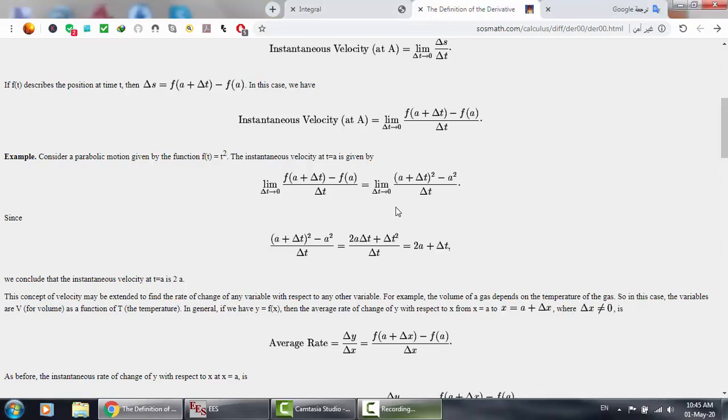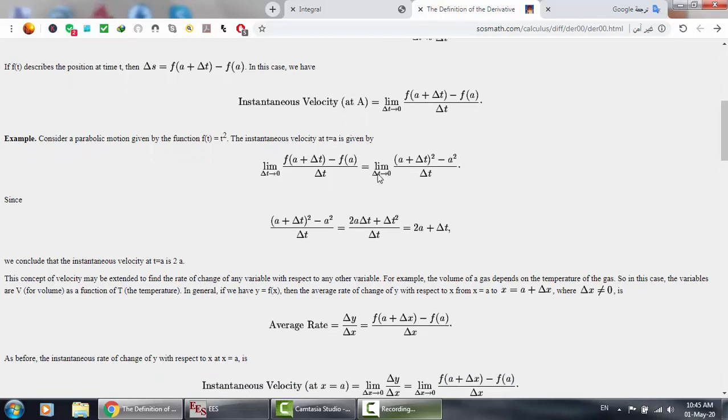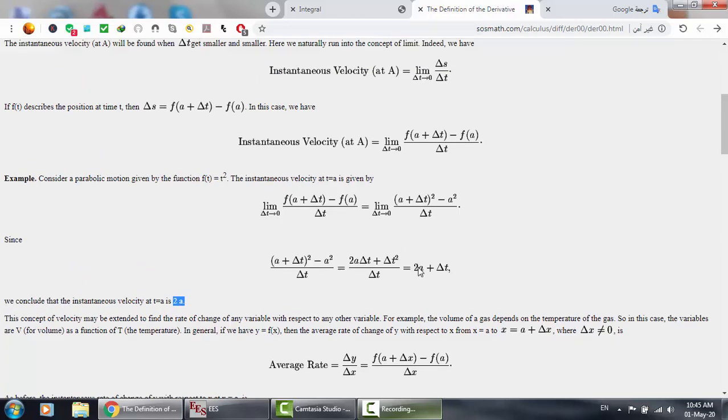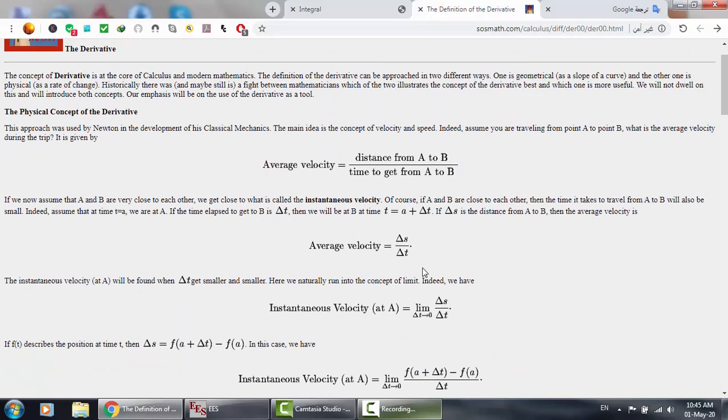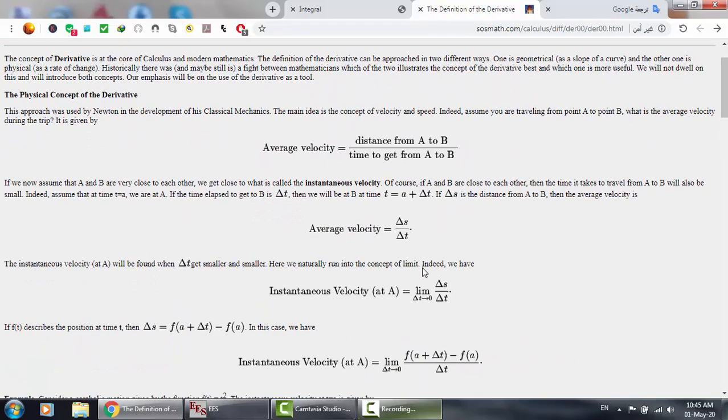So now it is time to use the limit. When we put delta t equal to 0, we finally get 2a. So we conclude that the instantaneous velocity at t equal a will be 2a. So this is the instantaneous velocity and the average velocity.